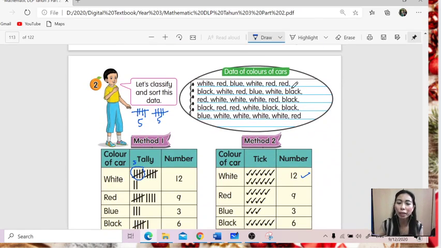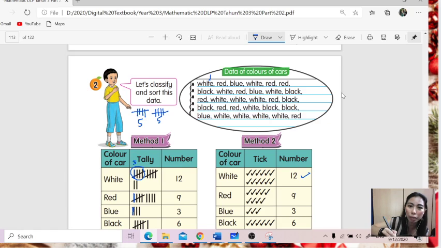From the data that he has collected, he will put it into a table. In method 1, we use tally. Whenever a white car appears, here the first is a white car, so you write down one stick. Then red goes to red, and blue goes to blue.